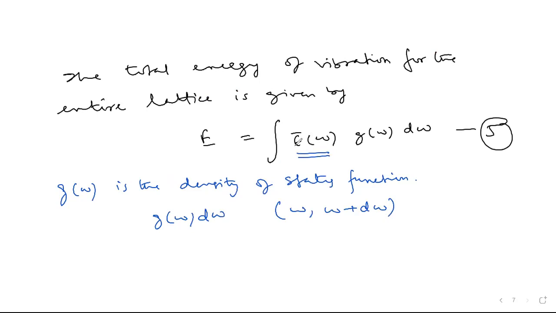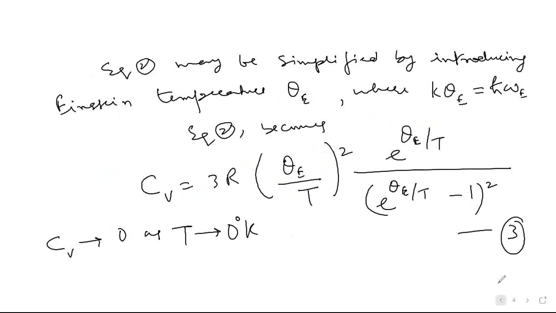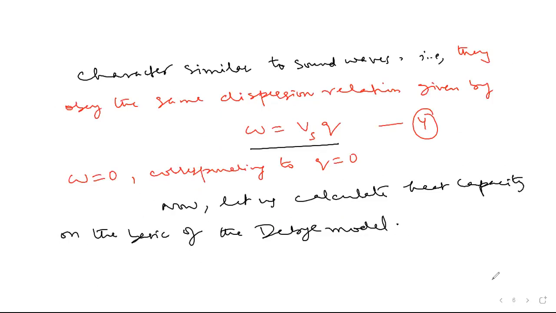So in other words, we are treating the vibrating lattice as a set of collective modes which vibrate independently of each other. So in evaluating this equation 5, we substitute for epsilon bar omega from equation 1, this one, and density of states is substituted from the previous equation.